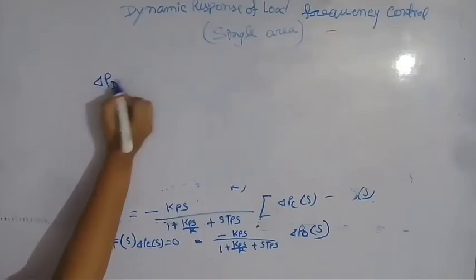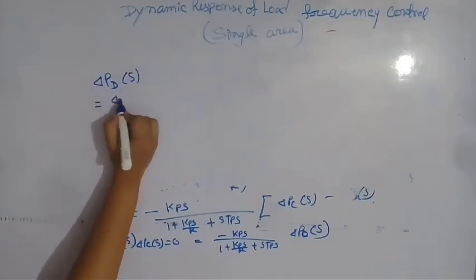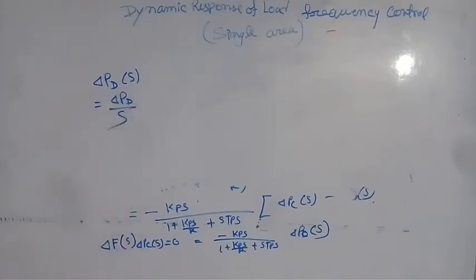Now delta PDS is equal to delta PD by s.